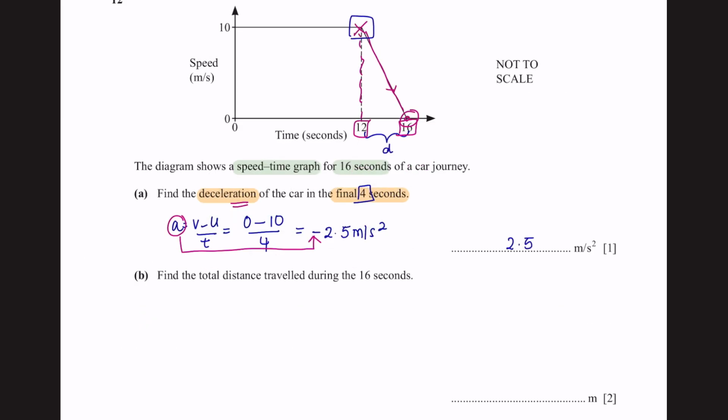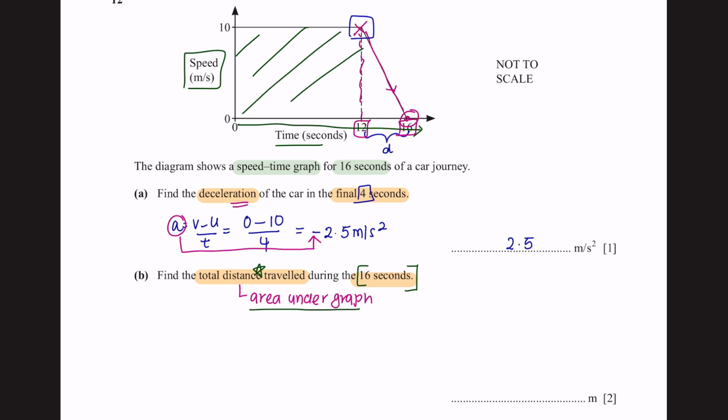Question B. Find the total distance traveled during the 16 seconds. For a speed time graph, when you are asked to calculate the total distance, you need to look for the area under the graph. Since we're looking for distance traveled in 16 seconds, it will be from here up till here. So we need to find the area of this whole diagram, which is pretty simple.